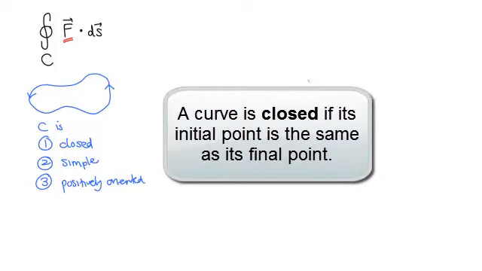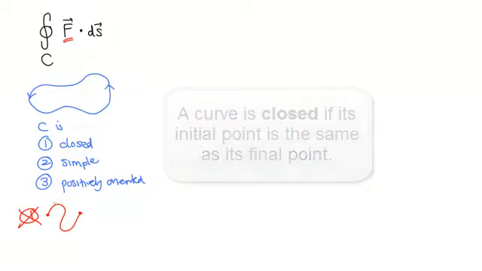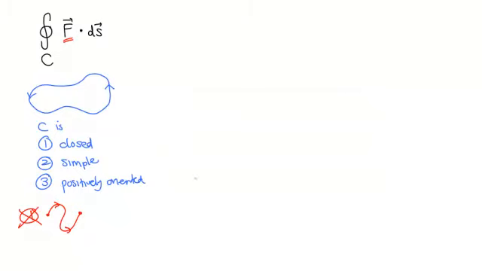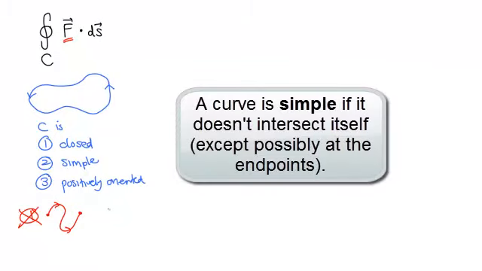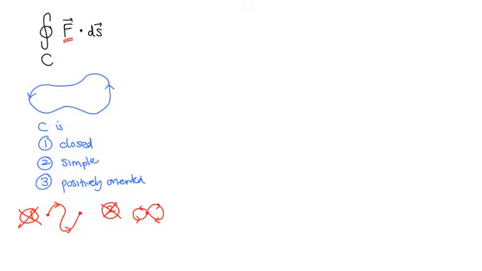Closed just means that its initial point is the same as its ending point. So an example of a not closed curve would be something like this, where the initial point and the final point are different. Simple just means the curve doesn't self-intersect. So an example of something which is not simple might be a figure 8 curve, where the curve crosses itself at some point in the middle.